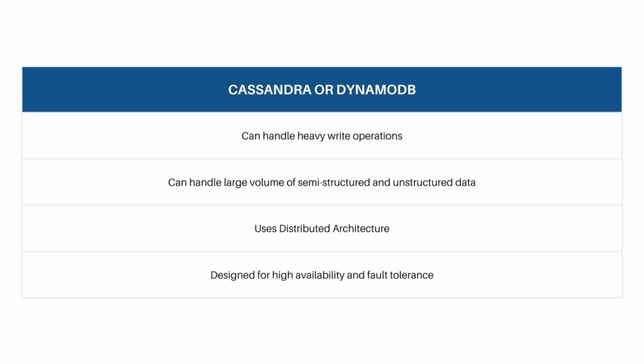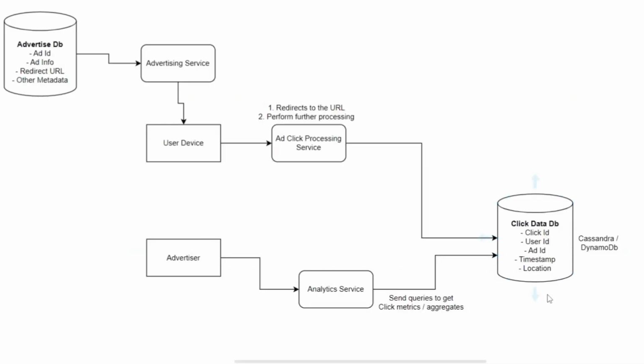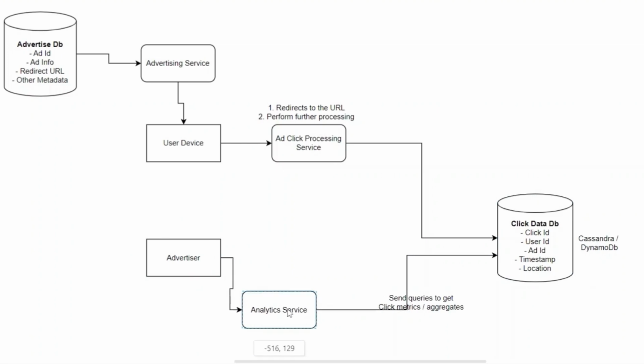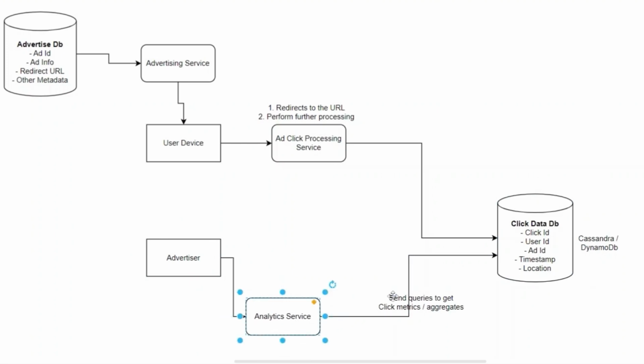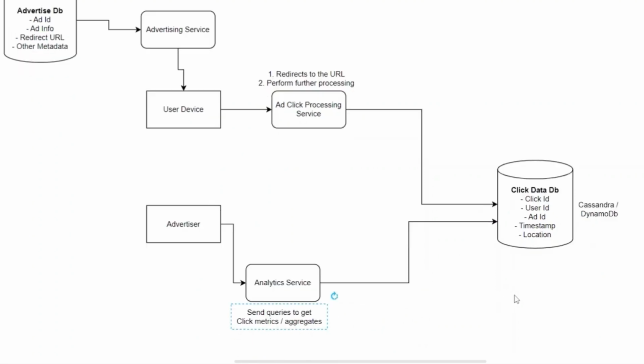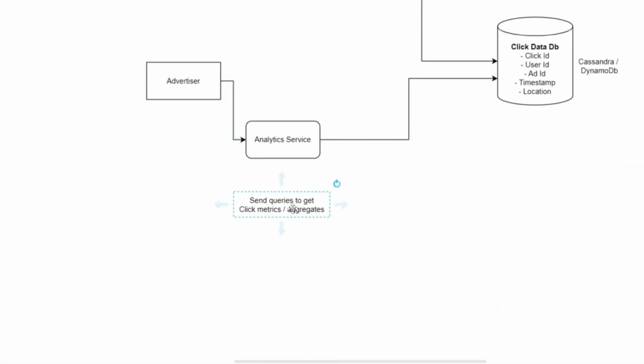So moving further, through this analysis service we want to process this data and give it to the advertiser. So for that, let us pre-aggregate this data and store it somewhere. Where will we store it?